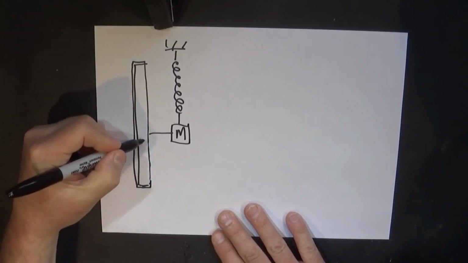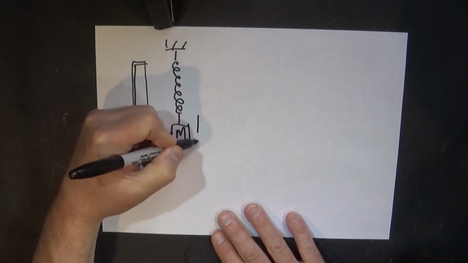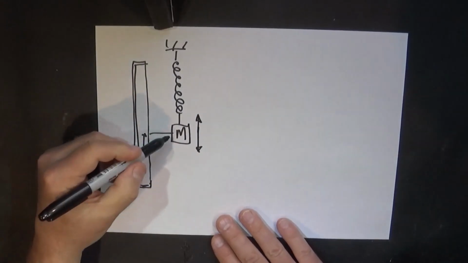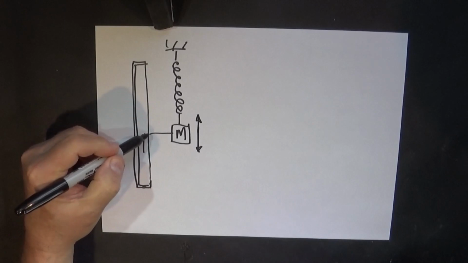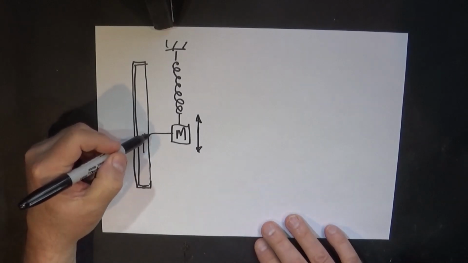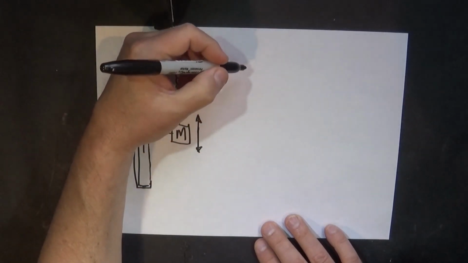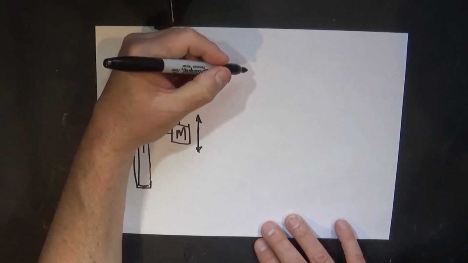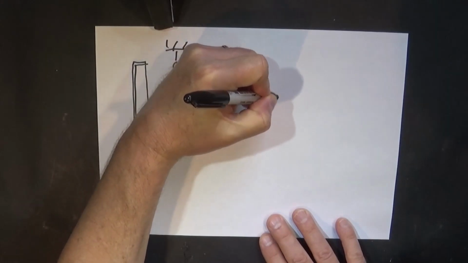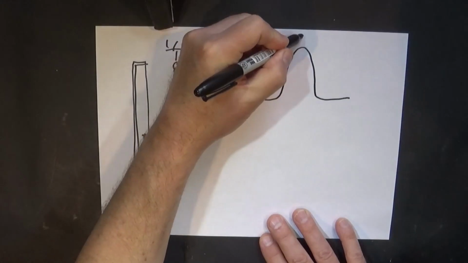So there's our bow, which is travelling, say, up, and our mass is going up and down, and our bow is catching on this, whatever. And what we have for the force on the mass is this kind of thing.